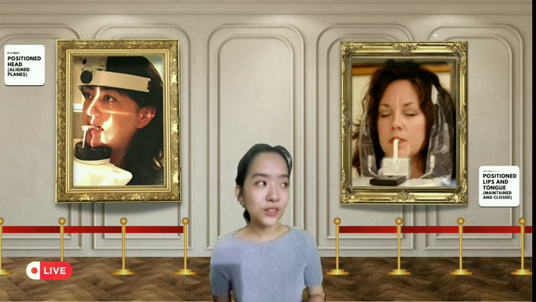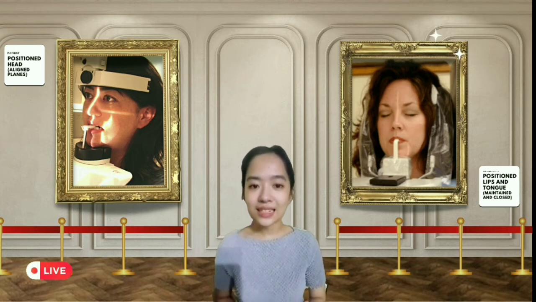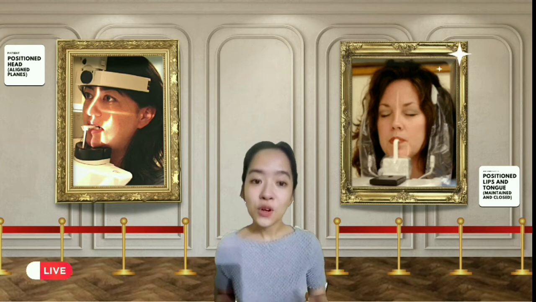On to the next piece to your right, we have the photograph of the positioned lips and tongue. Seen here, the patient is instructed to place the tongue on the roof of the mouth. One key to this is by suggesting the patient to swallow and feel the tongue rise up to the roof of the mouth, and keep the tongue in that position during the procedure.